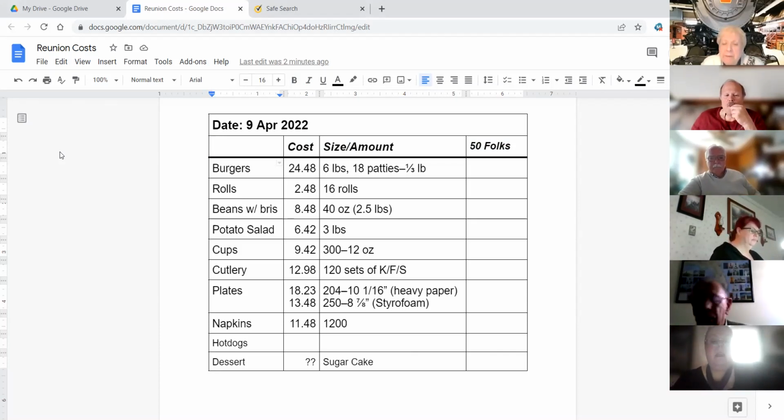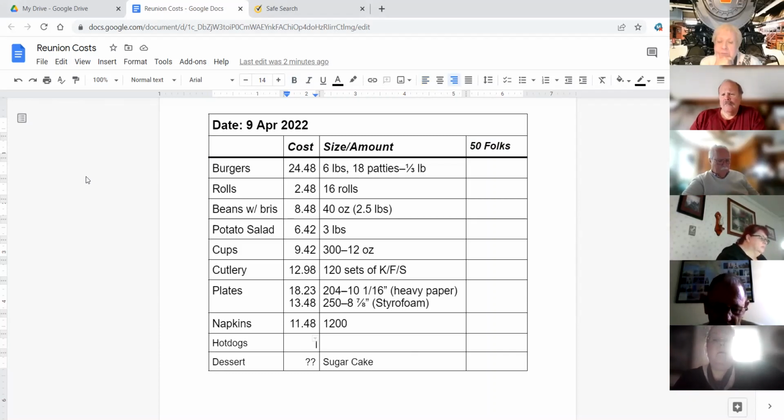I'm thinking that if we estimate it for 50 people of just this, then there's going to be somebody who has the most amazing coleslaw that they want to bring, and they'll bring maybe not enough for 50 people, but maybe 50 people don't want to try the coleslaw, or whatever. I was just using that as an example. So some of these things can be supplemented by people who live in the area who have a great recipe that they want to use.